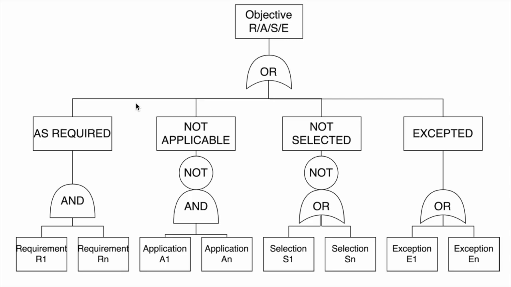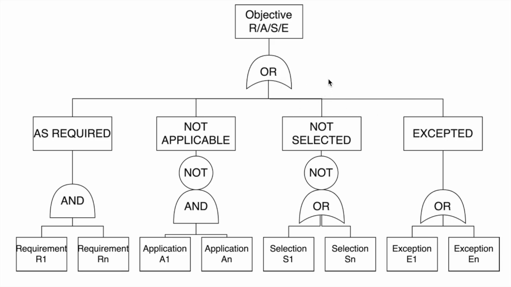The colours in RASE are green for application, blue for requirement, purple for selection and yellow for exception. What this means is for an individual clause to be true, it must either be meeting all the requirements, not applicable, not selected, or accepted. So this is why we have this OR gate here.